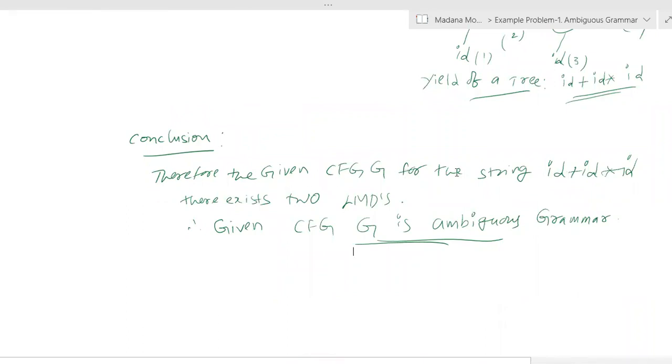For the given context-free grammar and the string ID plus ID into ID, there exist two leftmost derivations. Or if you want, you can construct rightmost derivations also, starting initially. But either two leftmost or two rightmost, any one. If you have taken leftmost, we have to find two leftmost. If you have taken rightmost, we have to find two rightmost. Only then can you say the grammar is ambiguous.